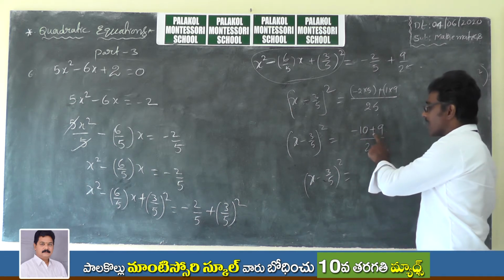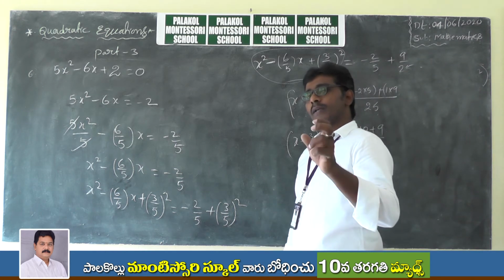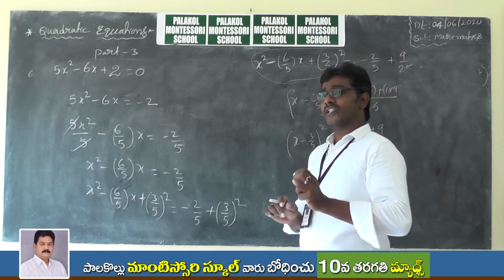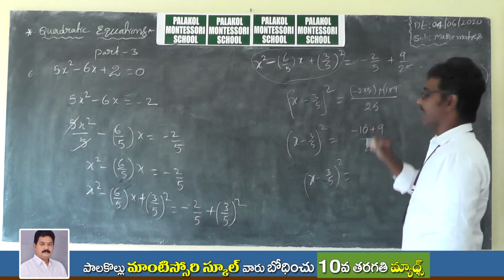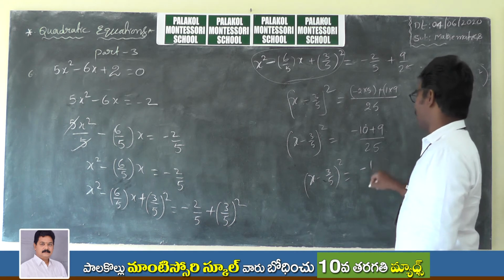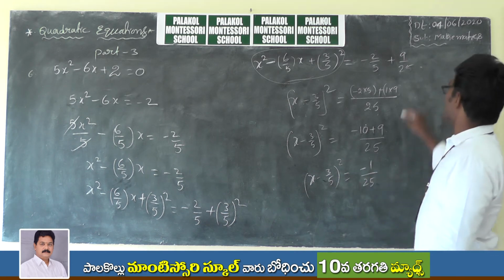This is a 9, the sign is plus. One number's sign is negative, another number's sign is positive. In that situation, first identify the greater number of both. Here the greatest number is 10. What is the sign? Minus. 10 minus 9 is 1 by 25, with a minus sign. Move it to that side.